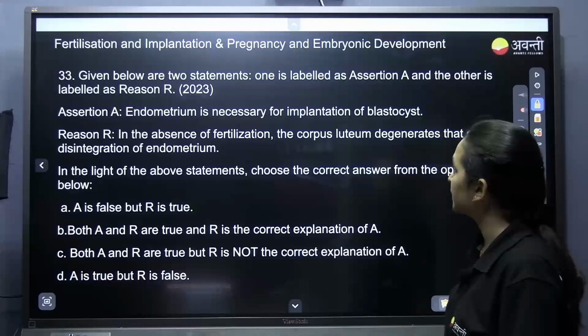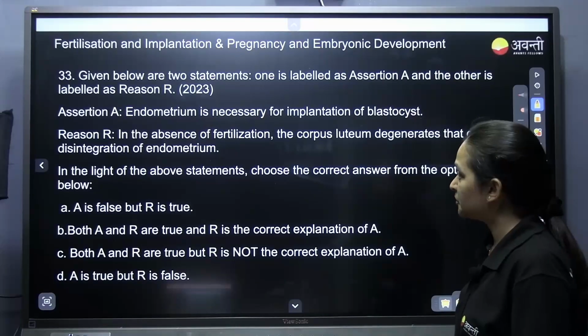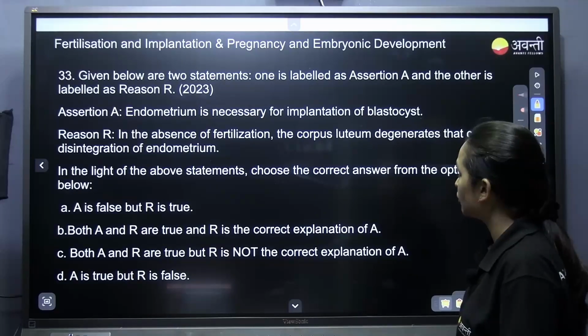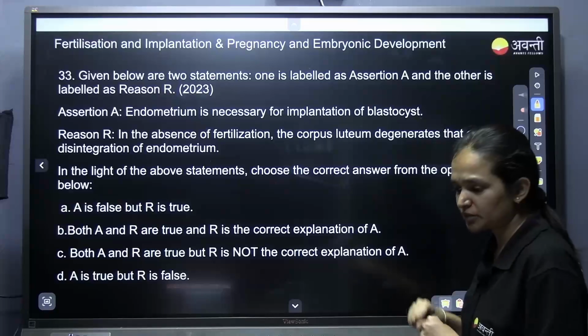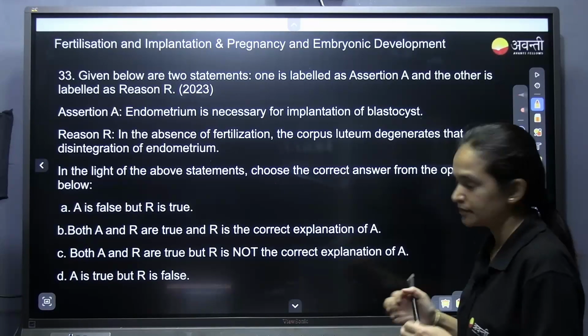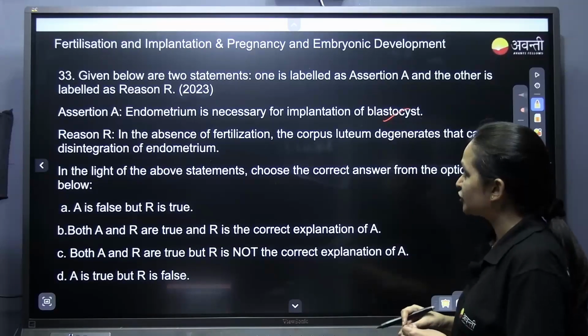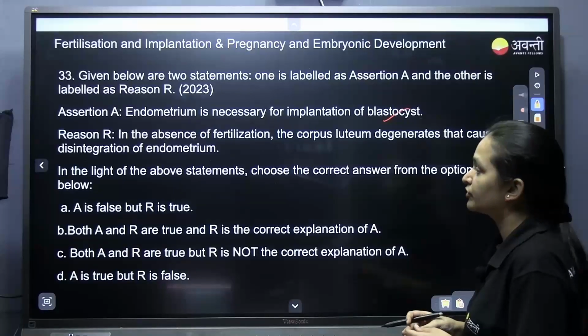Fertilization, implantation and pregnancy. Okay. This particular part we are solving the question. Endometrium is necessary for implantation of blastocyst. Thumbs up or thumbs down? In the absence of fertilization, the corpus luteum degenerates, that causes disintegration of endometrium.